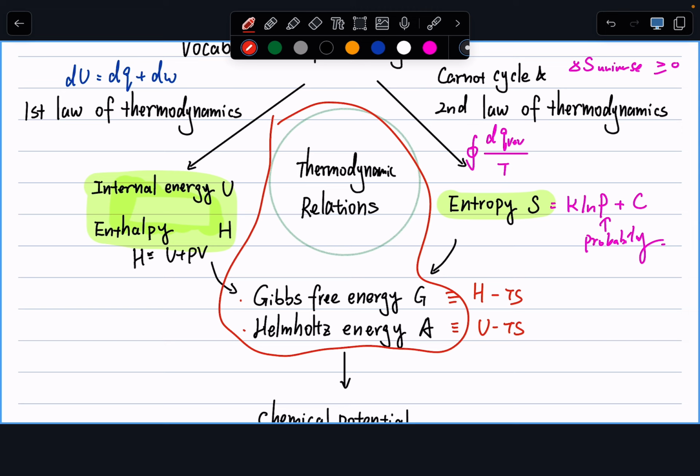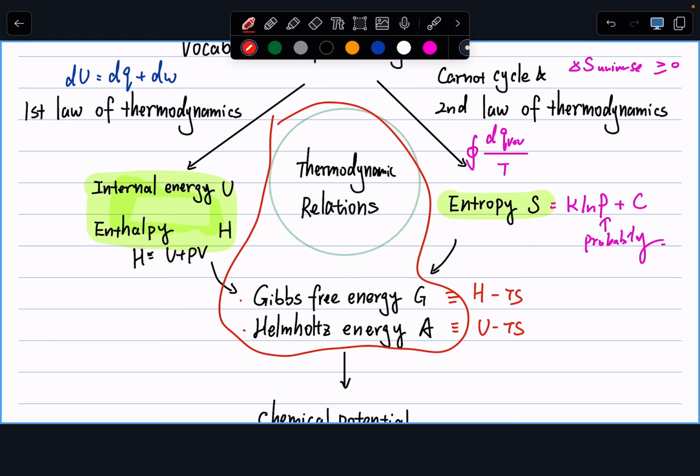What's the physical meaning of these two new state functions? The Helmholtz energy, or the work function, is the total maximum amount of work my system can output, whereas the Gibbs free energy is the maximum amount of non-PV work that my system can output to whatever surrounding we're caring about.